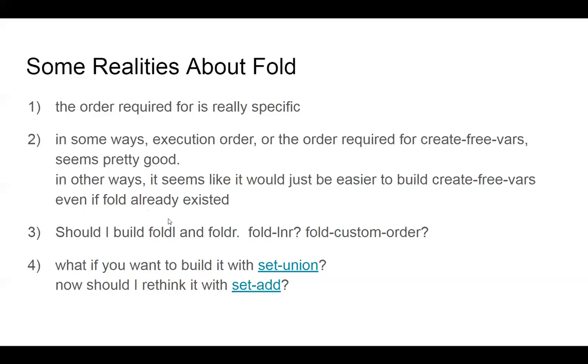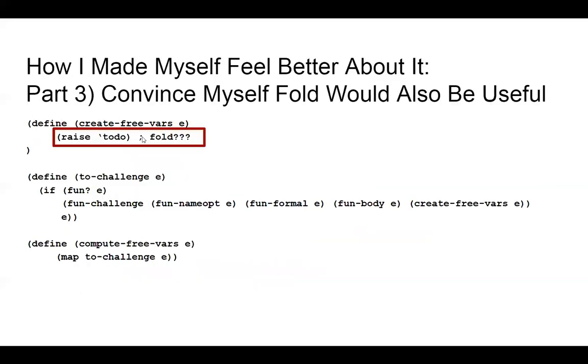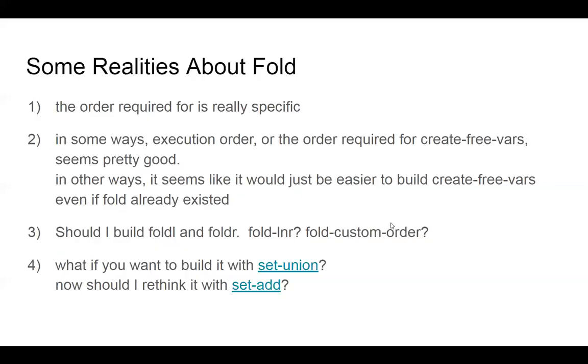You are kind of left with, all right, even if you built that as a default, what you're really going to build is fold left, fold right. What you really want is like the tree ones we built before, fold L and R. You're going to fold N, L, R. Am I going to build every single one? Getting back to the student's original question, what might be useful for create free variables is letting me fold and letting me order the expressions as we go.